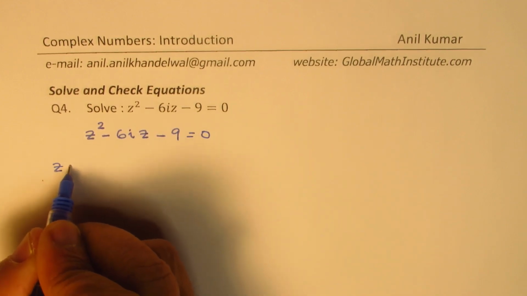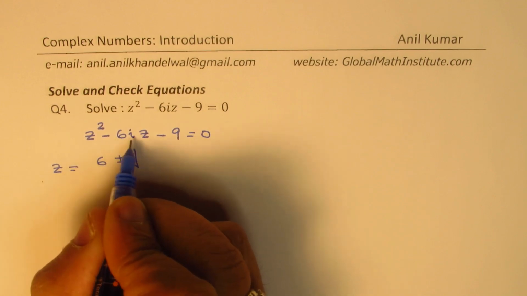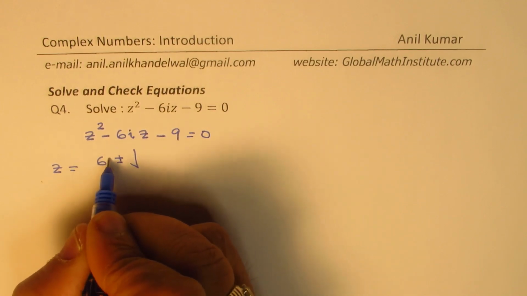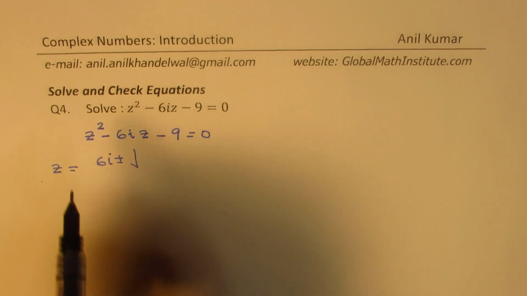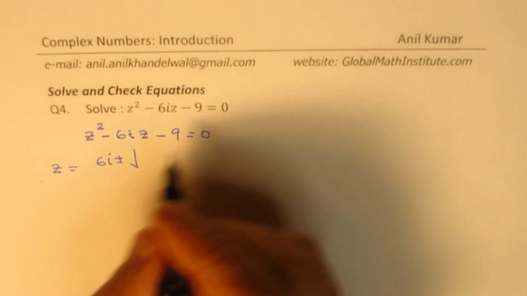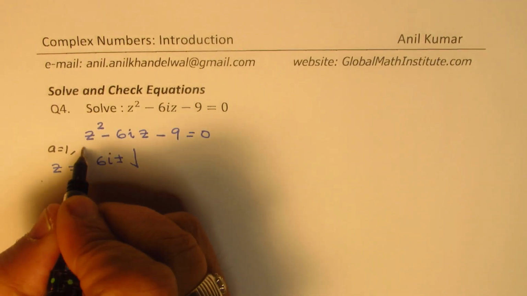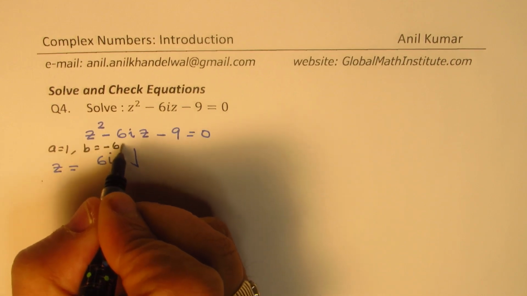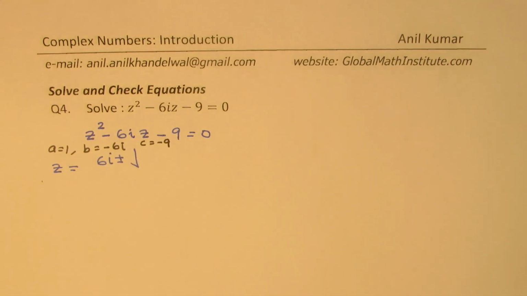So z, using the quadratic formula, will be minus b plus minus the square root of b squared, where b is 6i, not 6, right? Since we now have the value of a as 1, b is minus 6i. So in this particular case, a equals 1, b equals minus 6i, and c equals minus 9, correct?